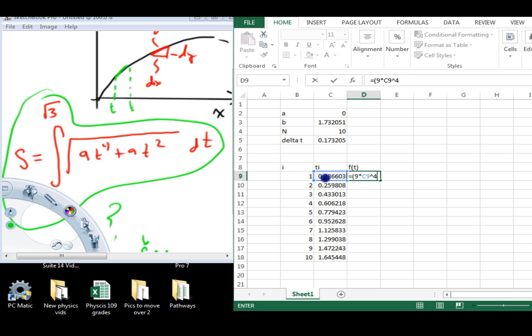Okay, then we need a plus 9t squared plus 9 times t squared. Close my parenthesis. All right, now I've got to deal with that square root. So what I'm going to do is raise that entire mess to the 0.5 power. And there's my function values.